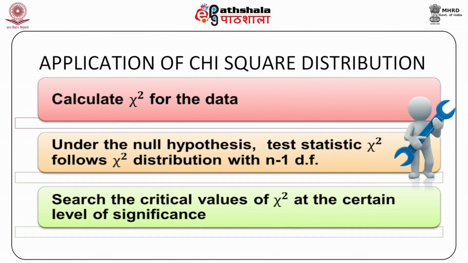Steps. First, calculate chi-square for the data. Second, under the null hypothesis that the theory fits the data, the test statistic chi-squared follows a chi-square distribution with n minus 1 degrees of freedom. Third, search the critical value of chi-square at the certain level of significance.